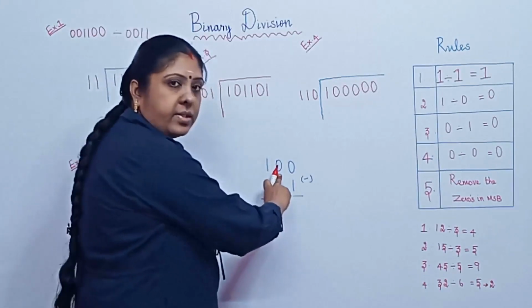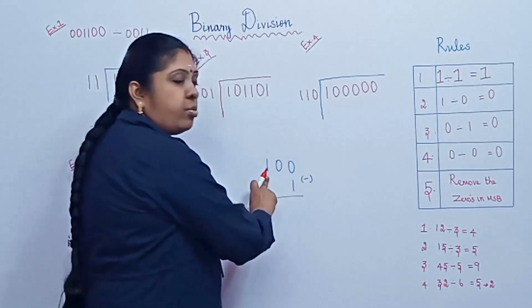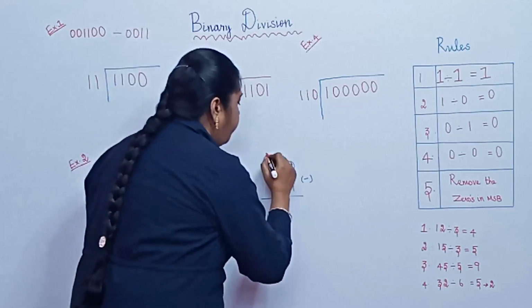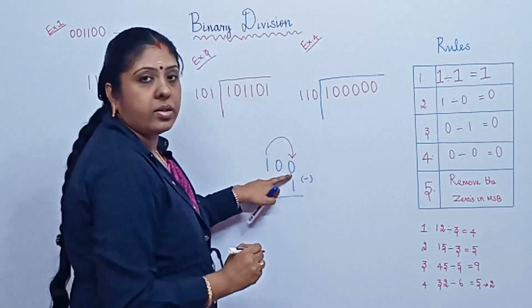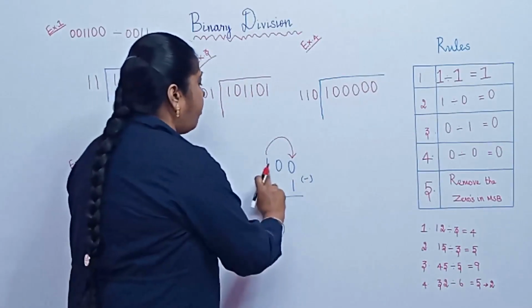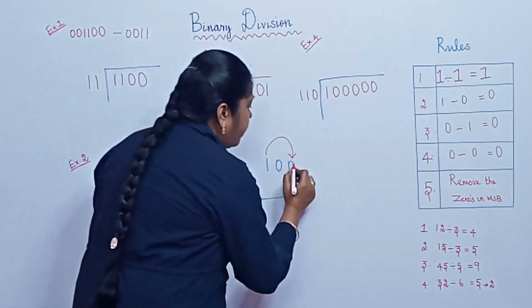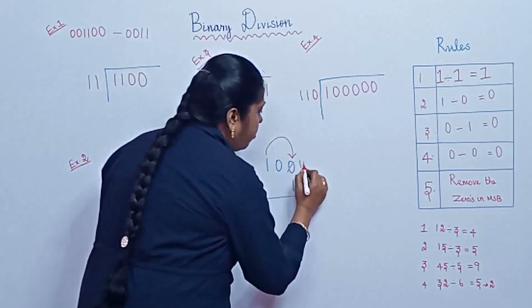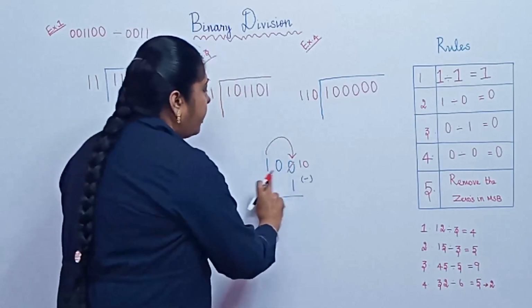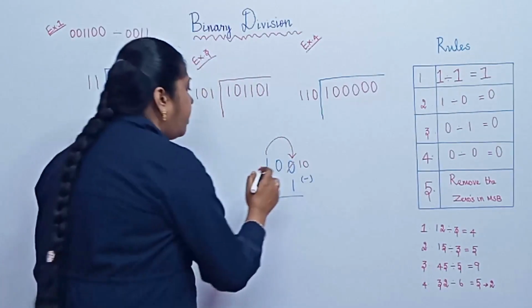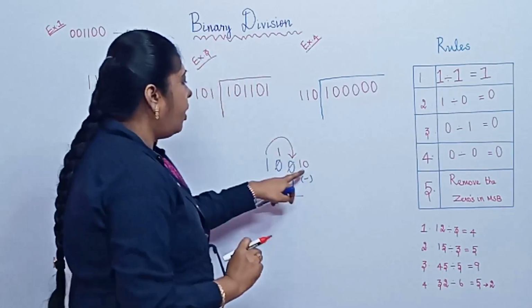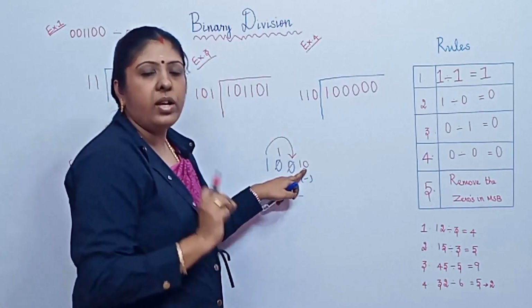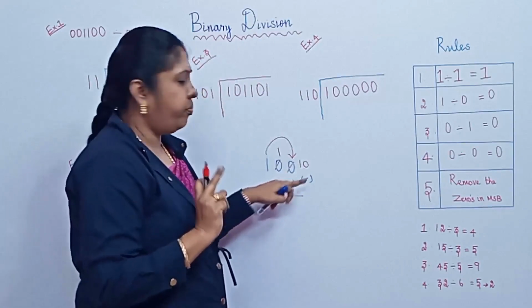0 minus 1 cannot be done, so it has to be borrowed from the next digit. The next digit is also 0, so it has to be borrowed from here. So this 1 is shifted to here. When 1 is moved to here, this 0 will turn to 10, and the middle 0, that is the passing 0, will turn to 1. The decimal value of 10 is 2.